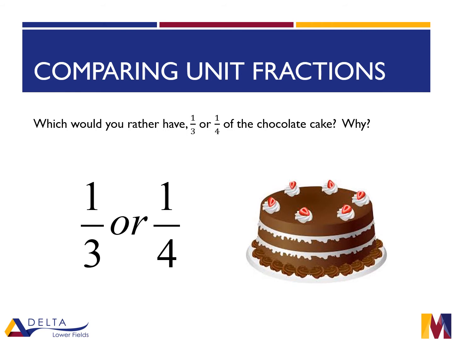If the whole was 12 cupcakes rather than just one object, one whole, then we can easily develop misconceptions here, because now we're thinking, well, I've got 4 cupcakes if I've got a quarter. Well, oh no, finding a third of 12 cakes doesn't mean there are 3 cakes, like a quarter of 12 doesn't mean there are 4 cakes.